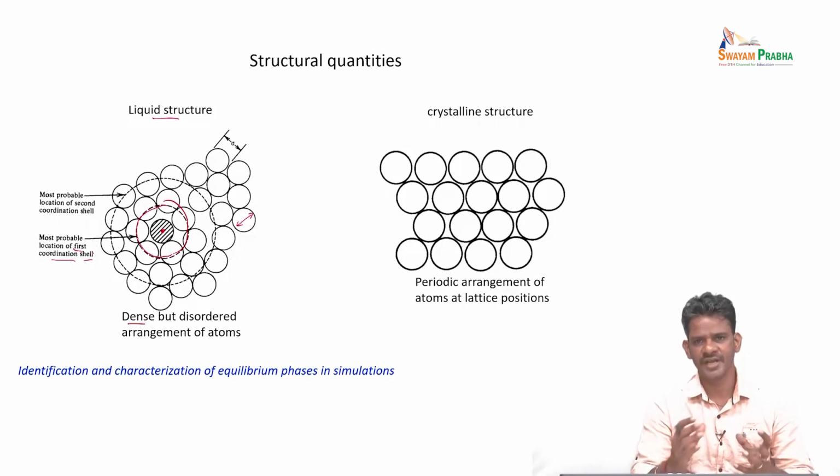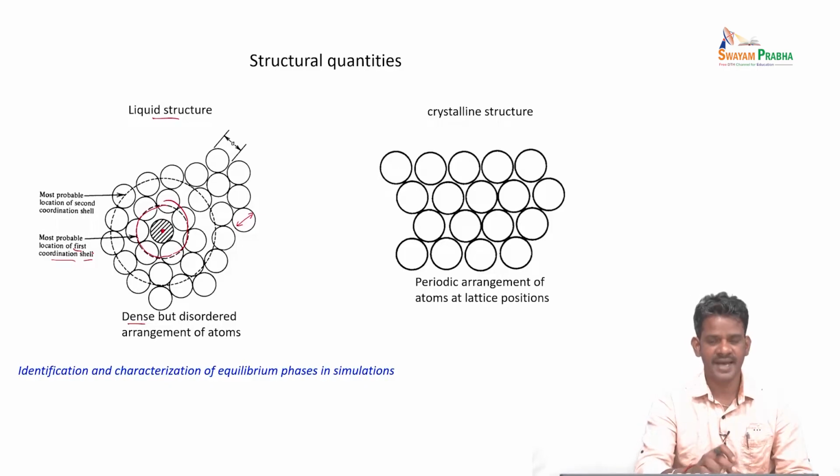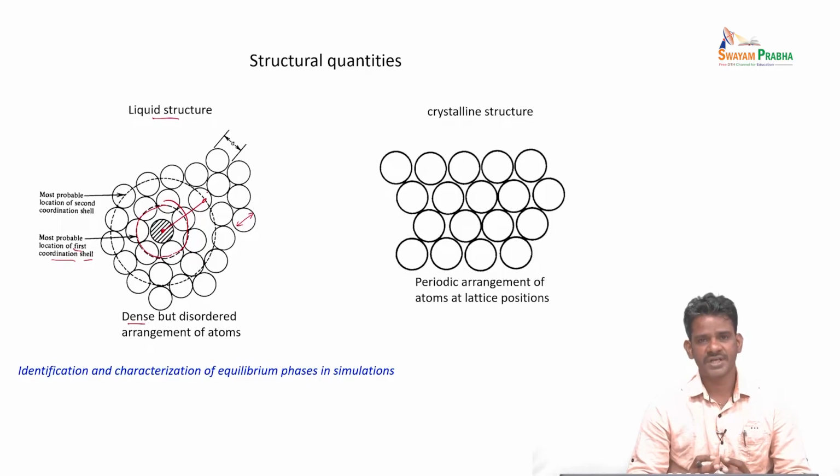There will be a certain number of neighbors which are closest to the tagged atom, and after you go a little farther away, you will see a second set of neighbors at another particular distance. So, the liquid structure basically tells us what the local arrangement of atoms is in a given system.